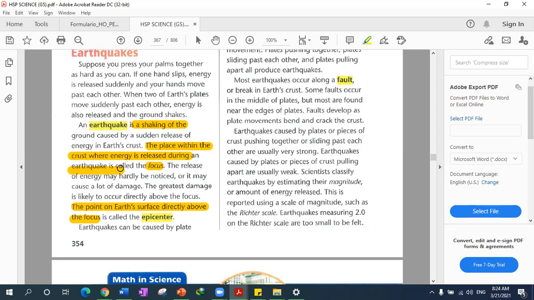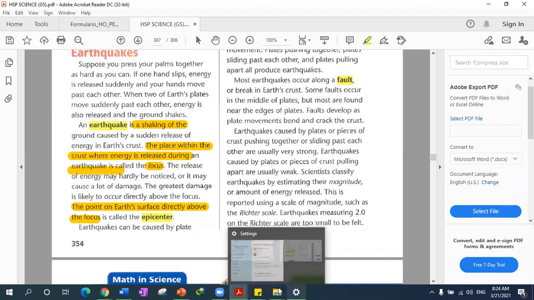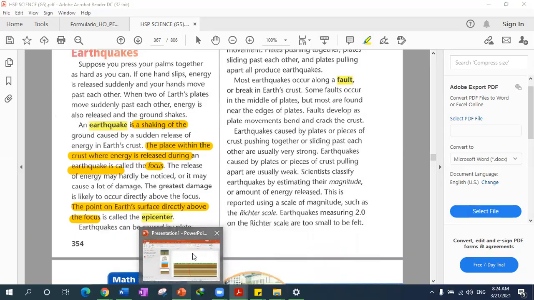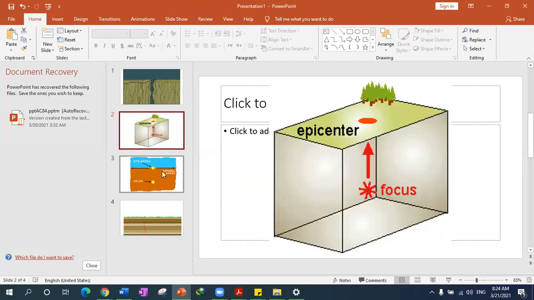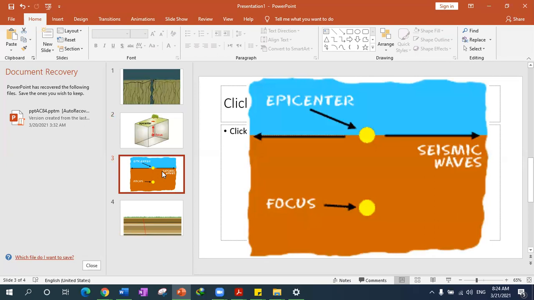Earthquake is a shaking movement of the ground because of the sudden release of energy. Where does this energy come from? It comes from underneath, from a place called the focus. It's where all the energy comes from, as we said. And on the surface of the Earth, we have another zone that we call the epicenter, and it's where most of the destruction happens.